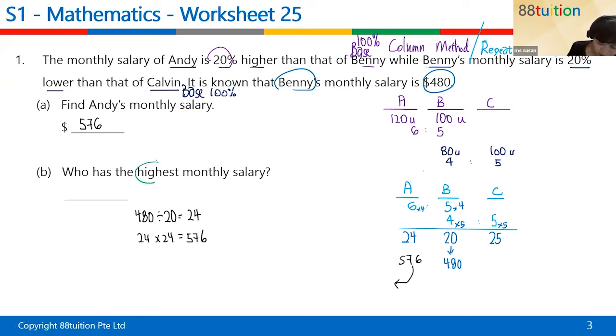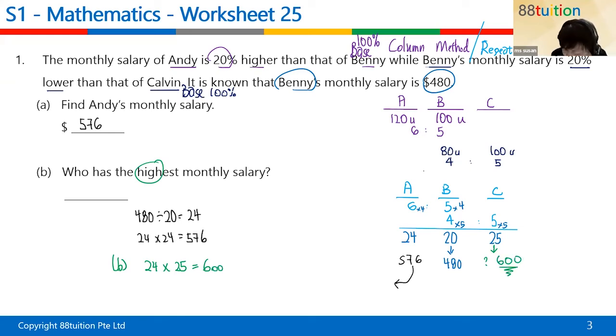If I look at this, who is the highest? That means I'm lacking something. How to find this? Let's find out. I know that 1 unit is 24, and I have 25 units for C. So 24 multiplied by 25 gives me 600. So this one will be 600.